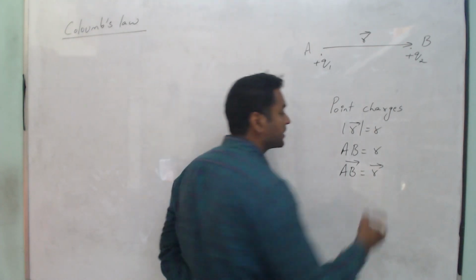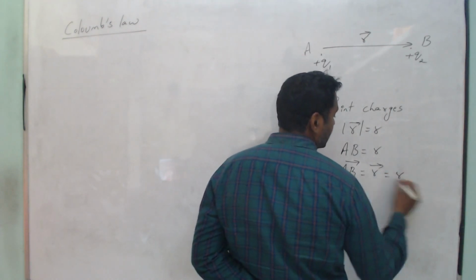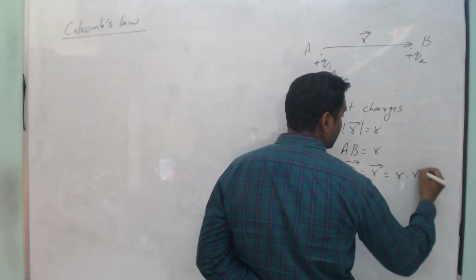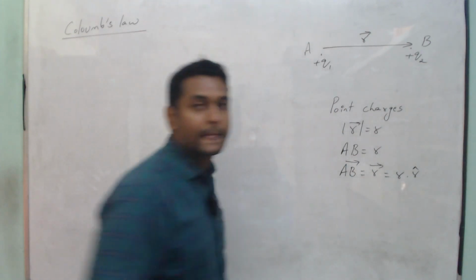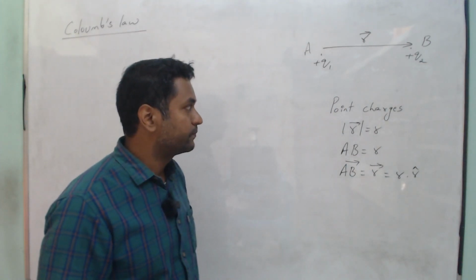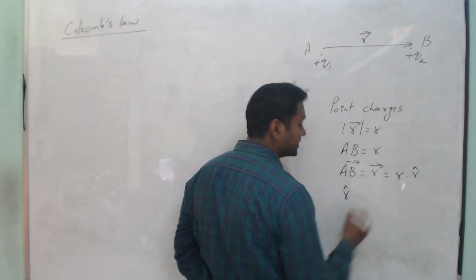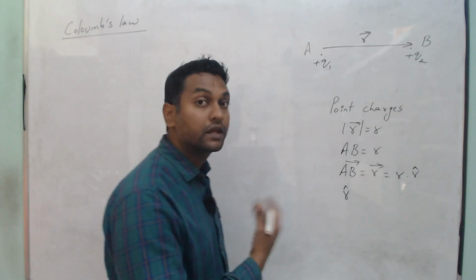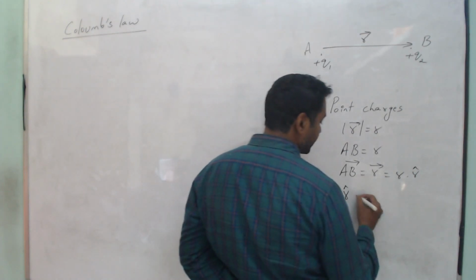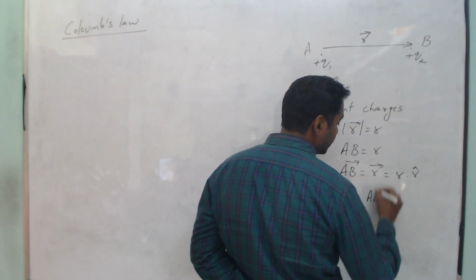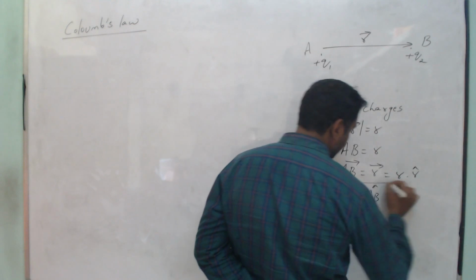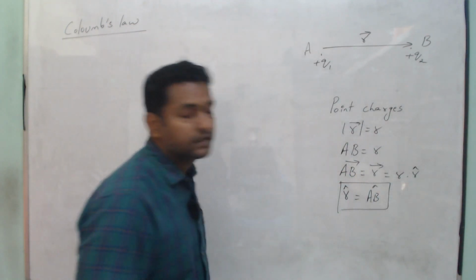R is the magnitude, into r cap. So the whole idea is that the unit vector representing the direction from A to B is r cap, which is nothing but AB cap.